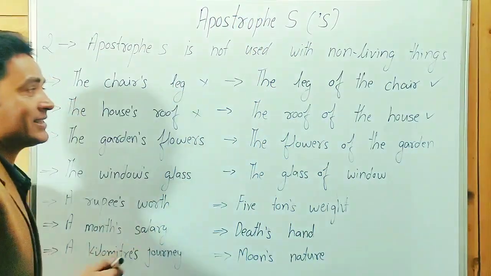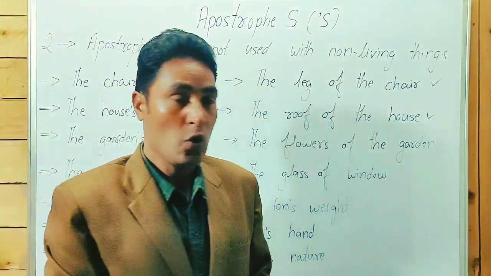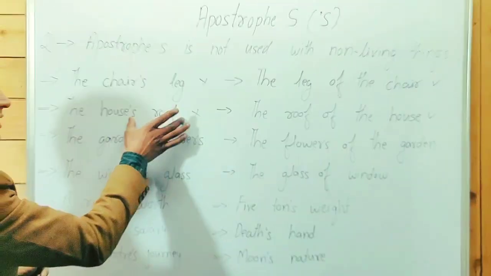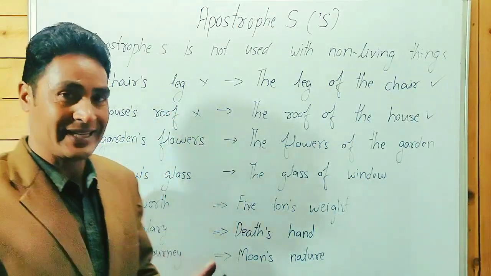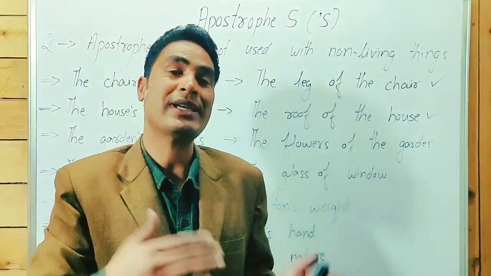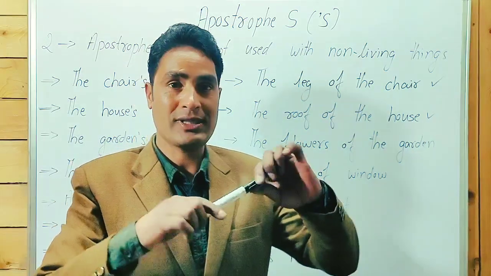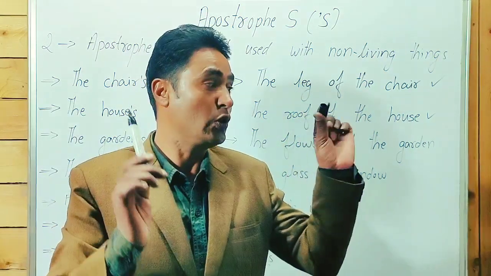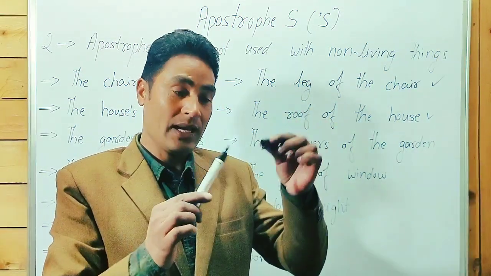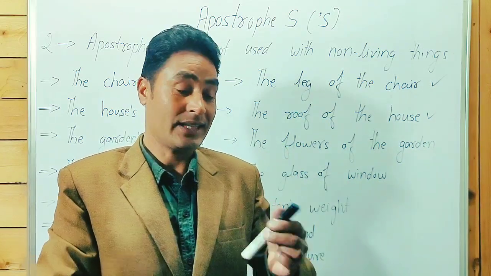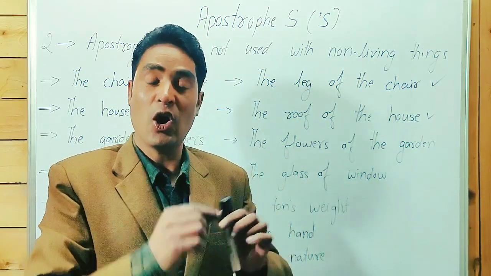Why? What is the main reason behind it? As you know, when we talk about the house's roof, the roof can be changed. Suppose this pen: if I lose this cap, another cap can be fixed on this pen.